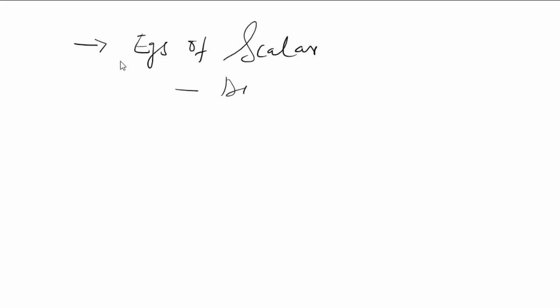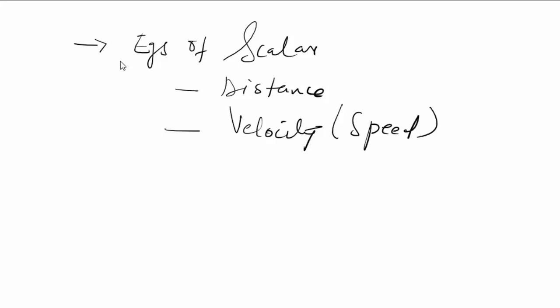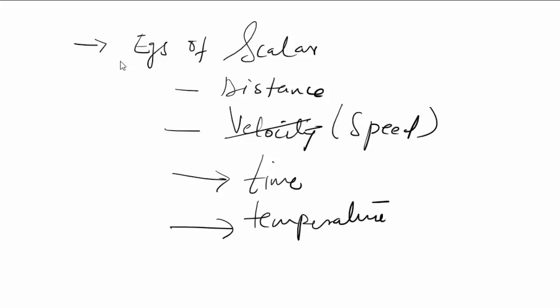So going in more detail, examples of scalar quantity could be something like distance, something like velocity without direction, which is known as speed. So not velocity, only speed. Something like time, something like temperature, something like volume or area.